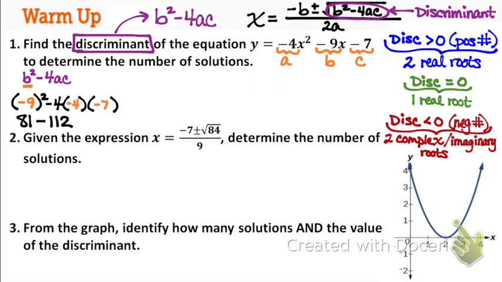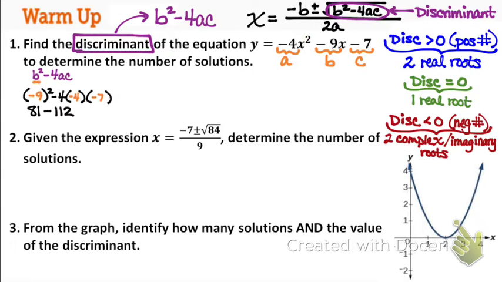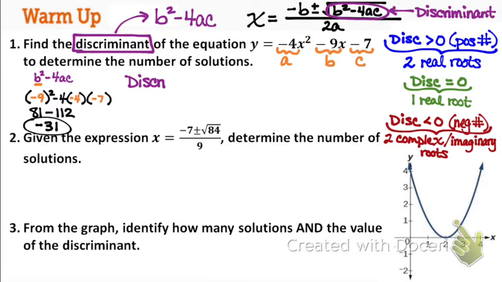What is 81 minus 112? -31. That is my discriminant. So the discriminant is -31.